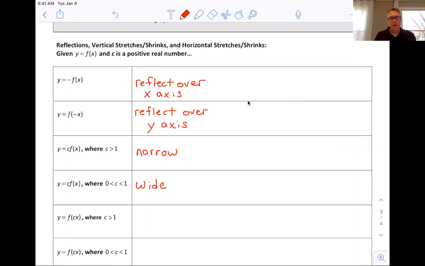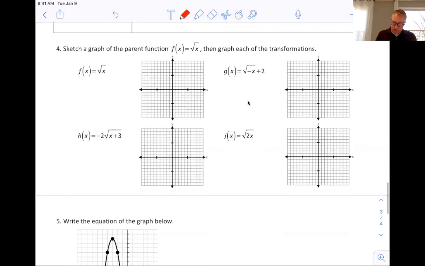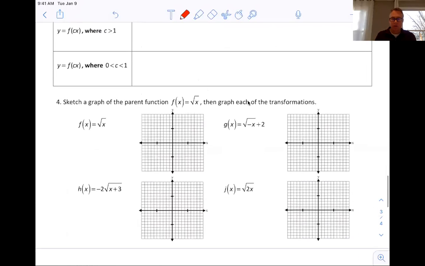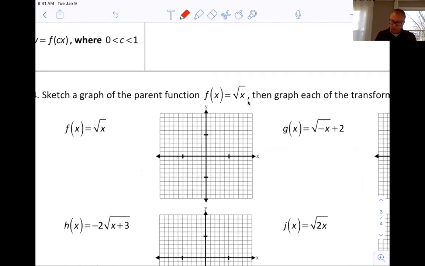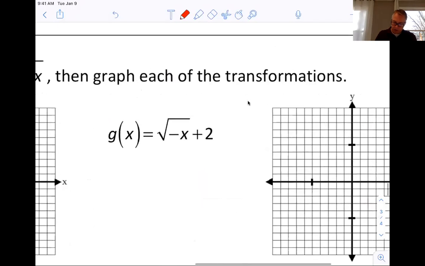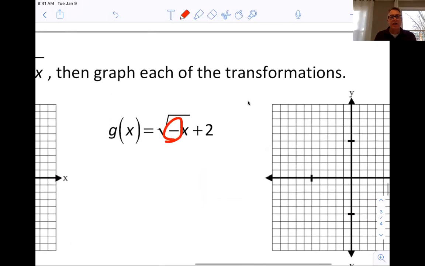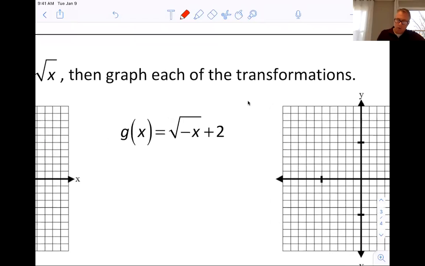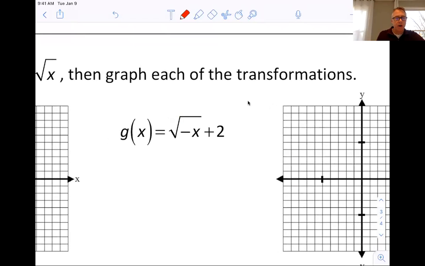All right, so we're going to then apply these rules to some of our parent functions. So I'm going to do, ultimately, I want to graph this. So I want to graph g of x, where I'm multiplying by a negative internally, and I'm adding 2 externally. So looking at my rules, and I'm not going to go back up to them, but you have them listed.